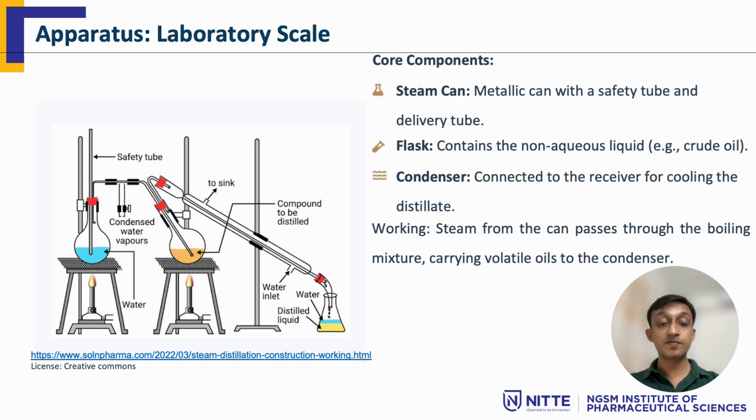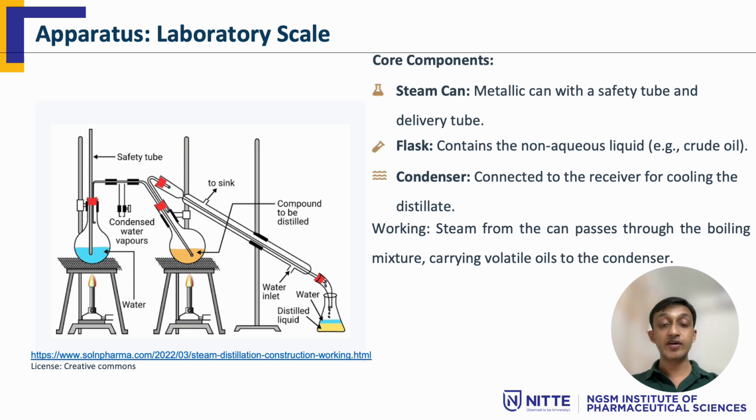Instead, steam is passed through it. Now, as the steam enters the flask, it penetrates the material, transfers heat, and facilitates the vaporization of volatile components. Importantly, the volatile components vaporize along with steam, even though their individual boiling points may be quite high.